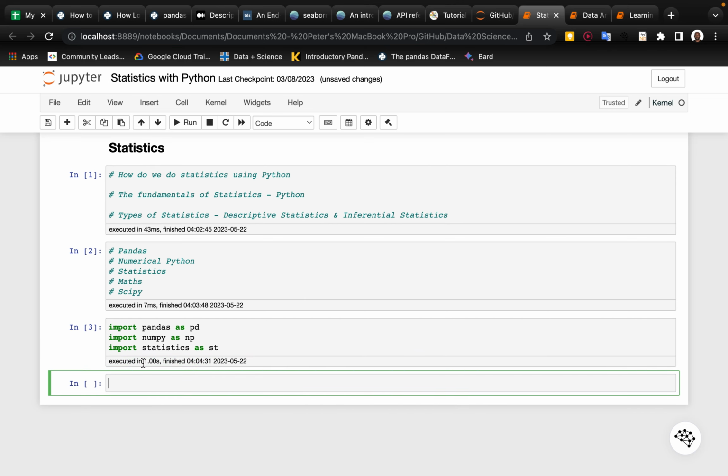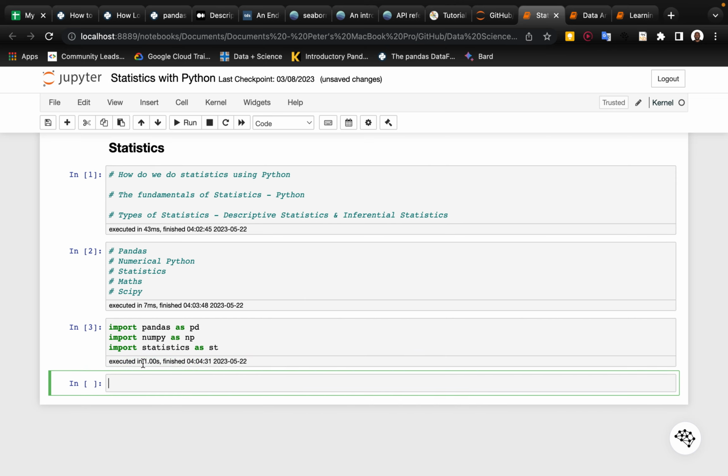We're going to play around with a lot of data sets, and then imagine a situation where we were looking at, say, the Titanic data, and we're looking at age, and we want to understand the descriptive statistics of it.